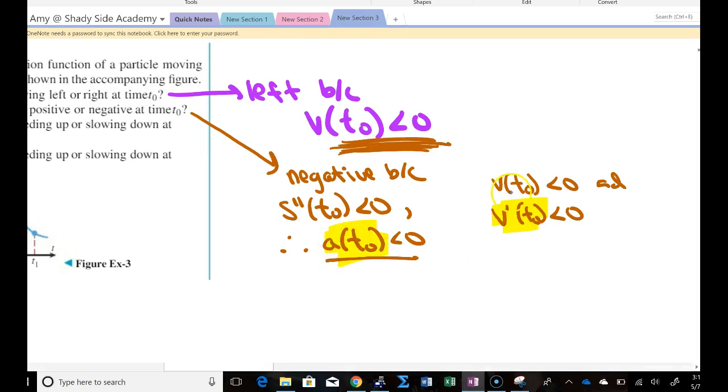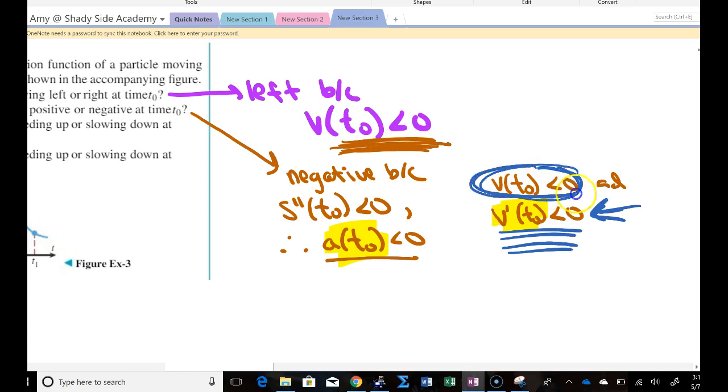This here is telling you that the velocity is negative and also decreasing. This says velocity is decreasing, which means my velocity is negative and getting more negative. So negative 10 miles per hour, negative 20 miles per hour, negative 80 miles per hour. The simple person would say, well, if my velocity is getting more negative, the particle is slowing down. But you are not simple people.